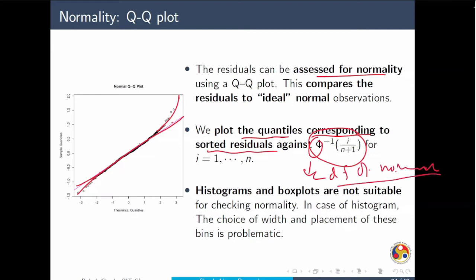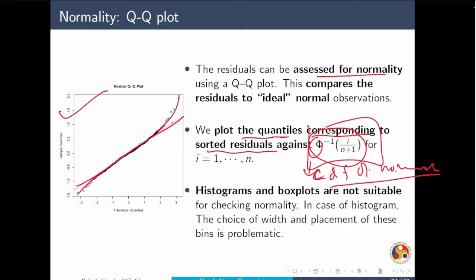Those things are a little bit complicated, but it is fine if you don't understand all of it, because what actually matters is the normal QQ plot, whether the points fall on a straight line or not.